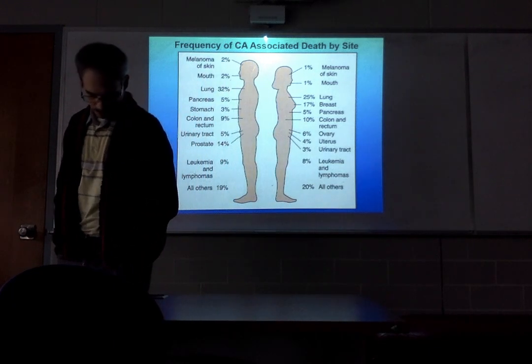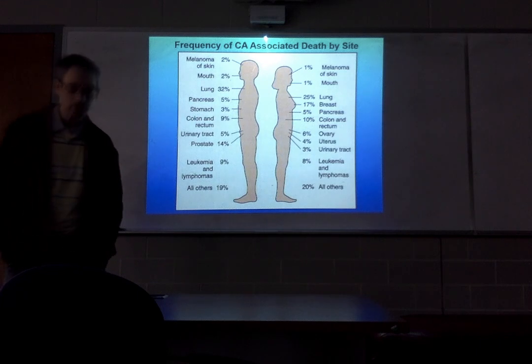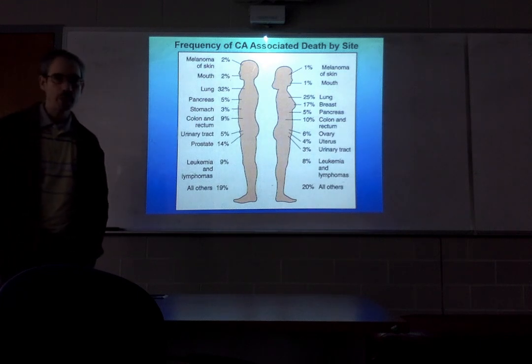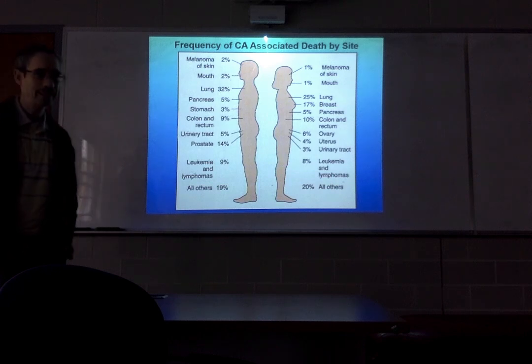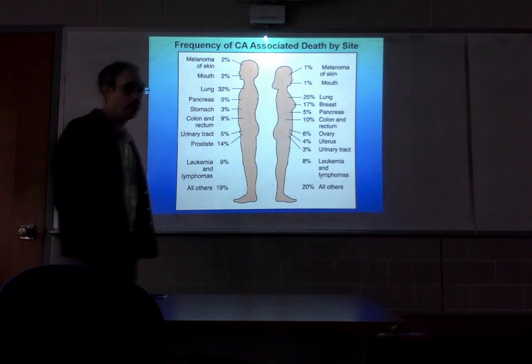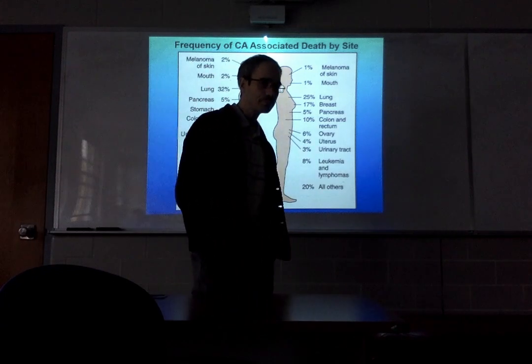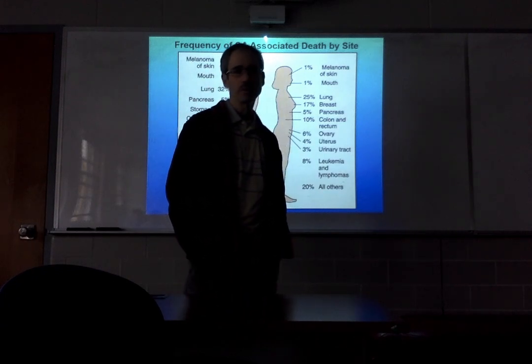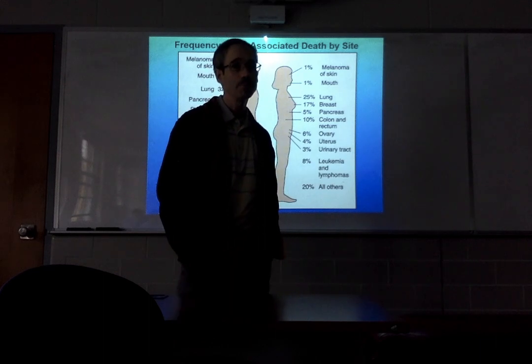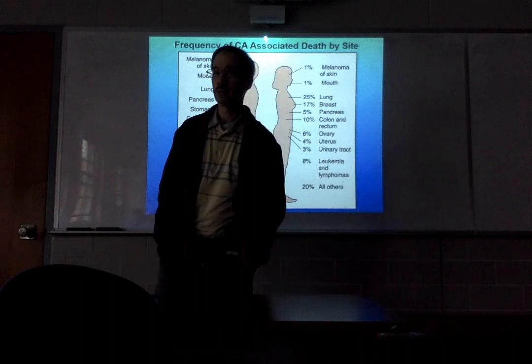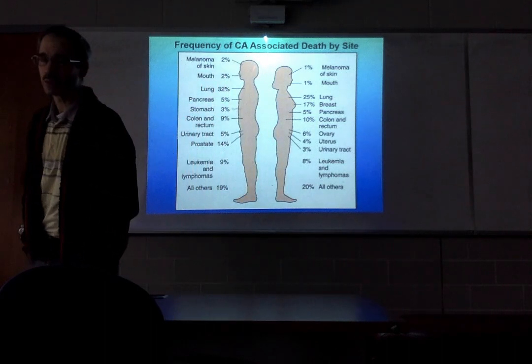There are some common types of cancer, often caused by these mutations. A good example would be retinoblastoma. Retinoblastoma is a nasty cancer of the retina. Very primitive type of cancer. The more primitive the cancer is, the more aggressive it tends to be. Well, retinoblastoma is kind of a nasty cancer of the eye.